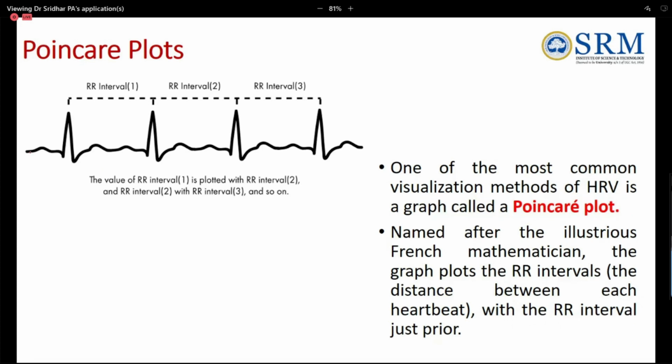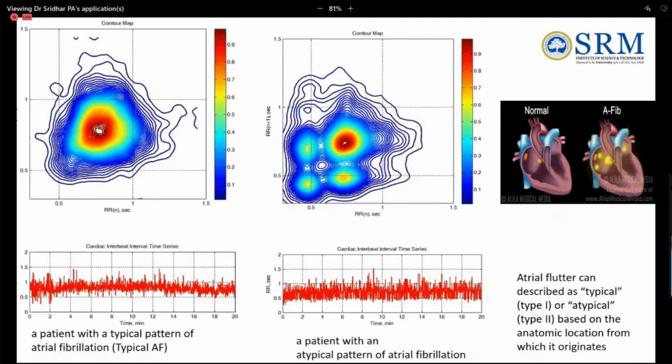Based on this, we can view the RR intervals, because you may record more than 30 minutes of ECG for a person. So this will be simple.